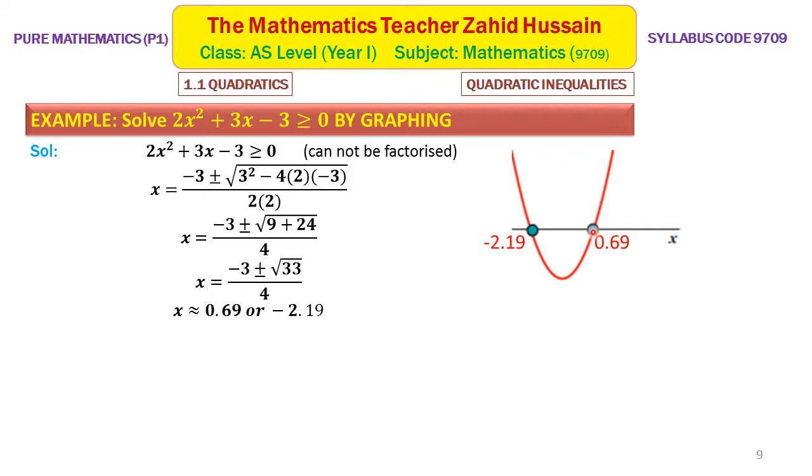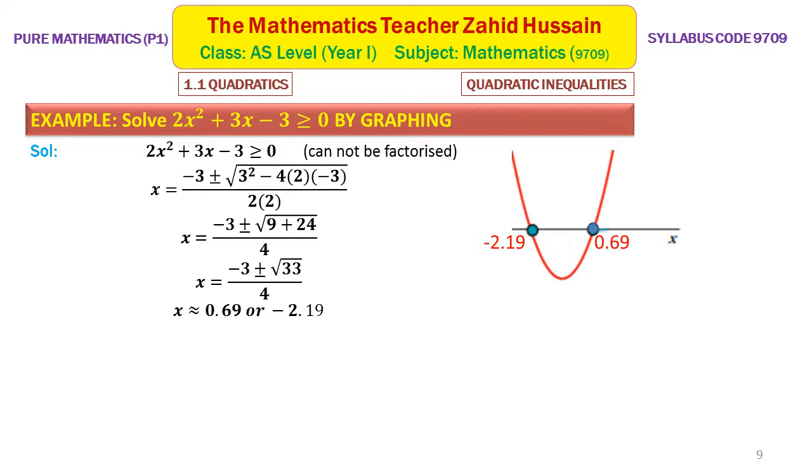Those values are which are greater than 0.69, the graph is above the x-axis, and which are less than minus 2.19, the graph is above the x-axis. When x is greater than minus 2.19, the graph is negative, and when x is less than 0.69, the graph is also negative, below the x-axis.